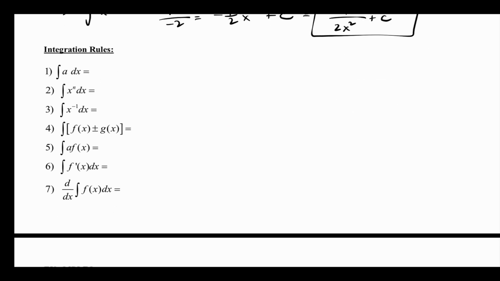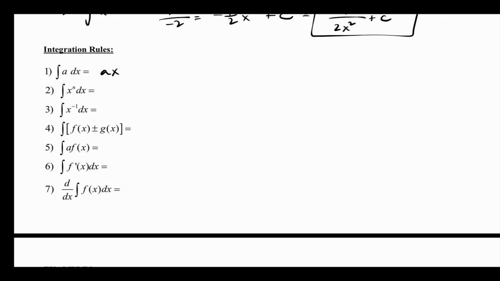Okay, so integration rules here, kind of like we've been talking about. That's exactly what we've been talking about. The first one, the antiderivative of a. A is a constant. So if you just have a number, the antiderivative is going to be a times x.